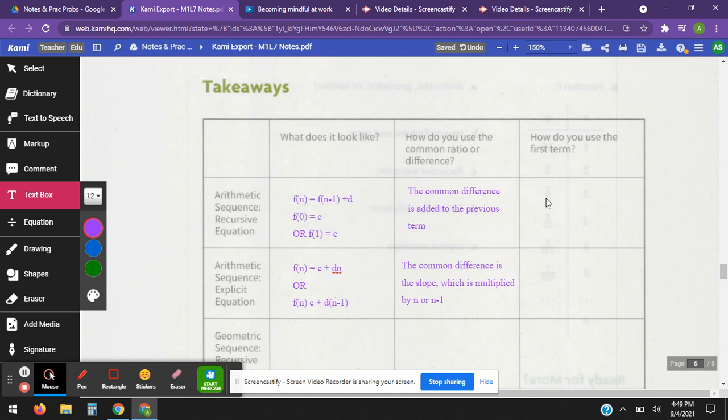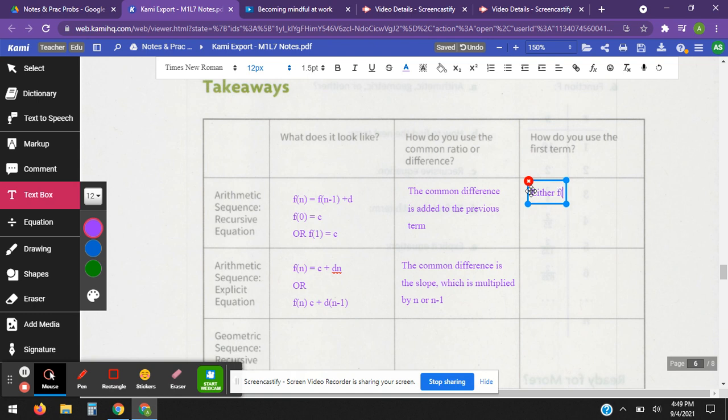So how do we use the first term? Well, it's either f of 1 or f of 0 is equal to the first term of the sequence.